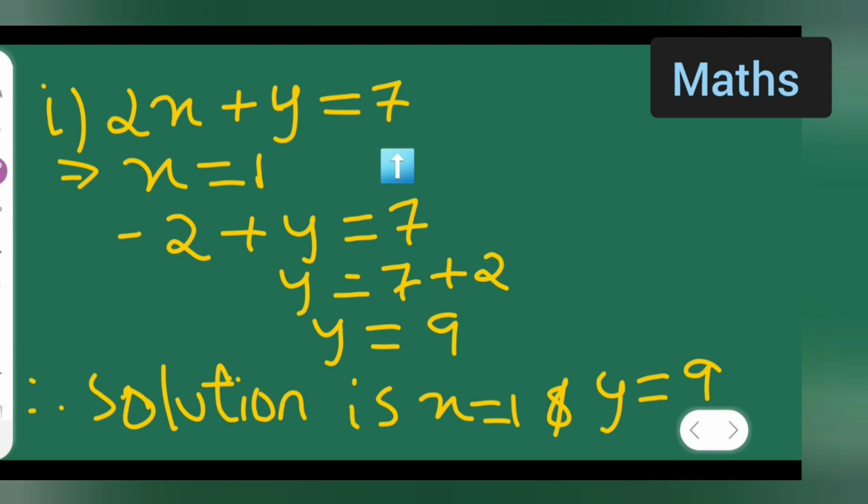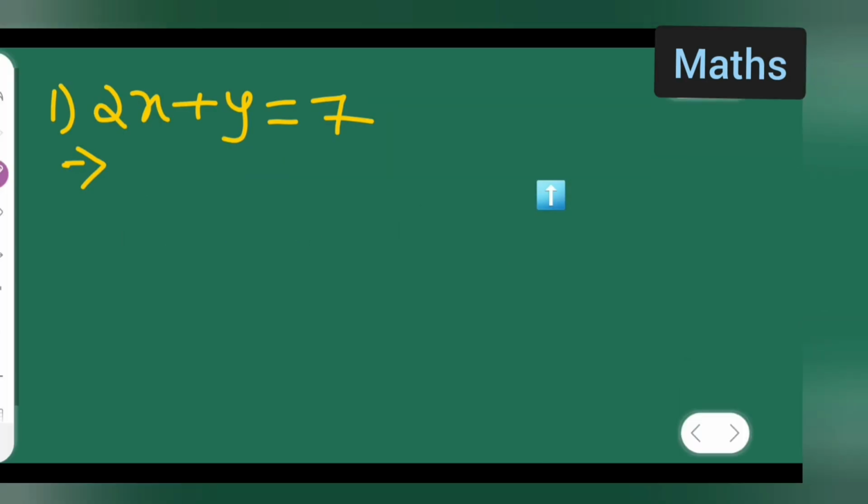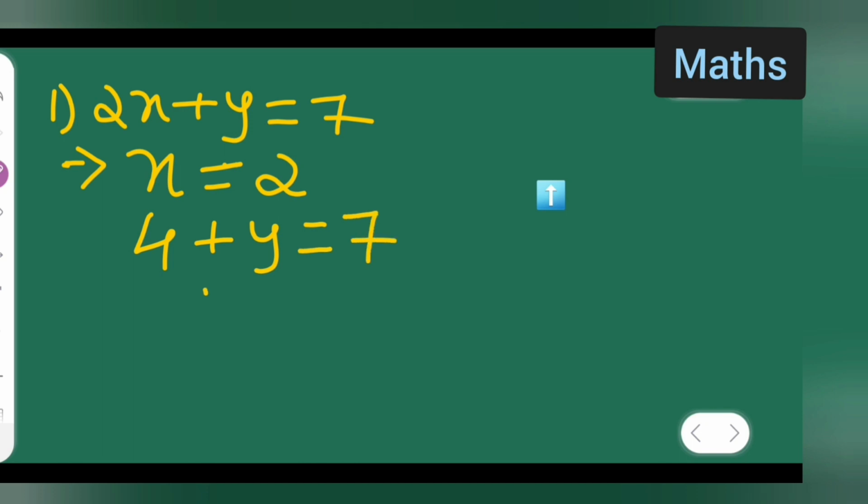So we are done with the three parts. Now let us take one more, the fourth one. So 2x plus y is equal to 7. Now I'll take the value of x to be 2. So x is equal to 2. What I am going to get is 4 plus y is equal to 7. So I will get y is equal to 7 minus 4. So y is equal to 3, right?